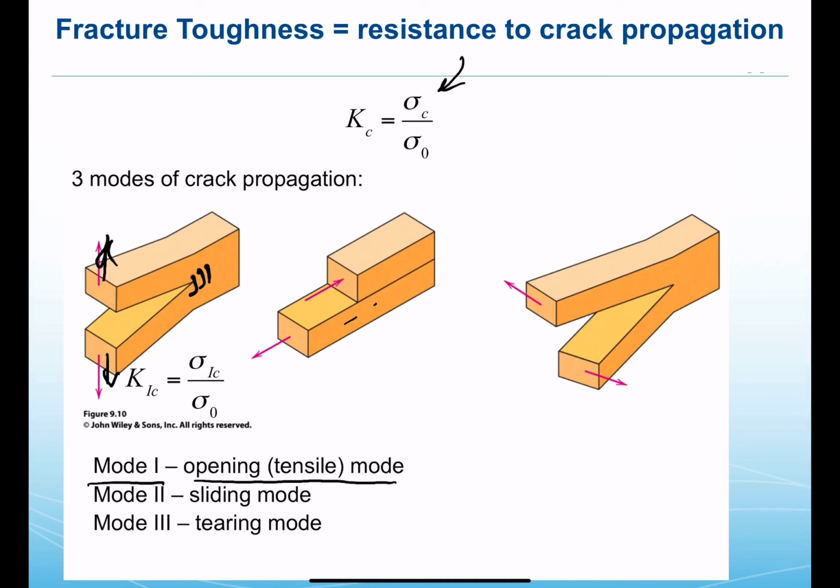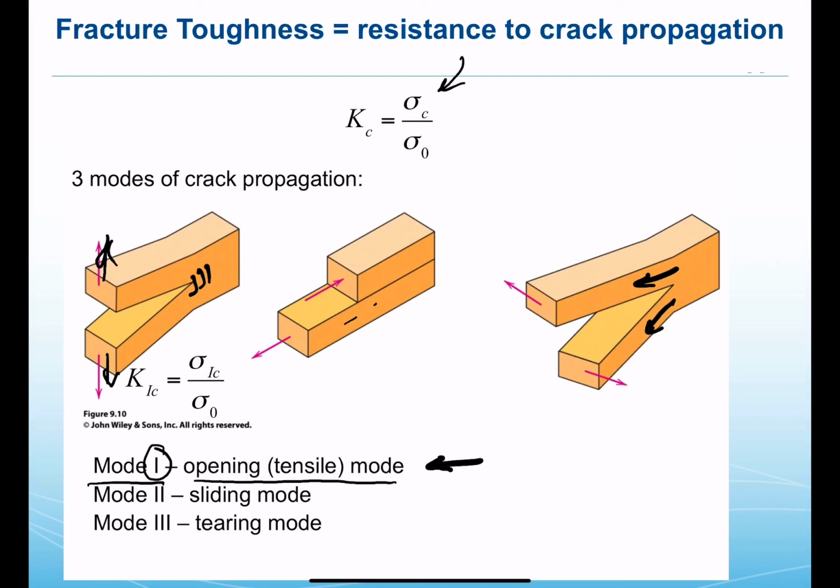And the third mode is a tearing mode, where one material is moving to the back and another material is instead moving to the front, and we are tearing the material to propagate that crack through it. The mode 1 is more easily handled by us mathematically at this point, and so it's characterized by a constant that is called the K1C, given that we are in a mode 1 condition.